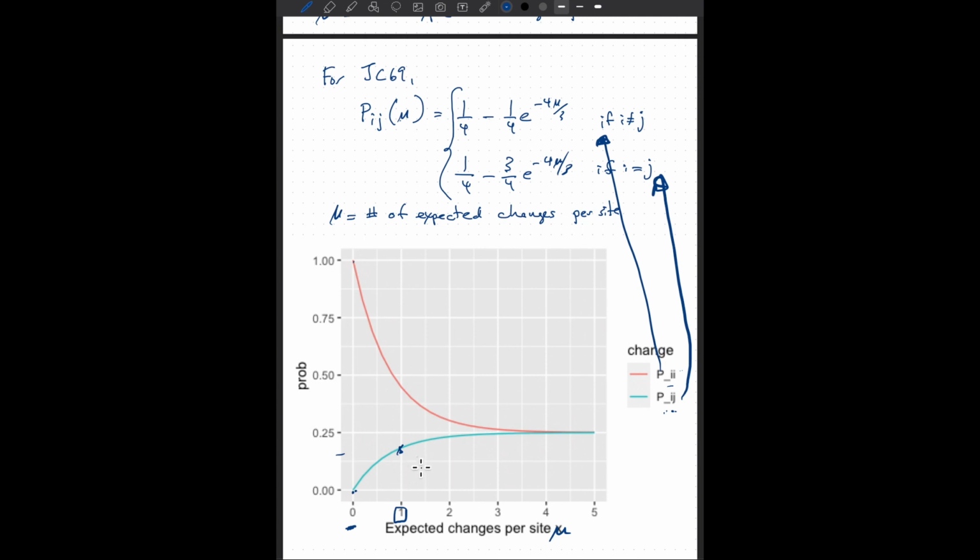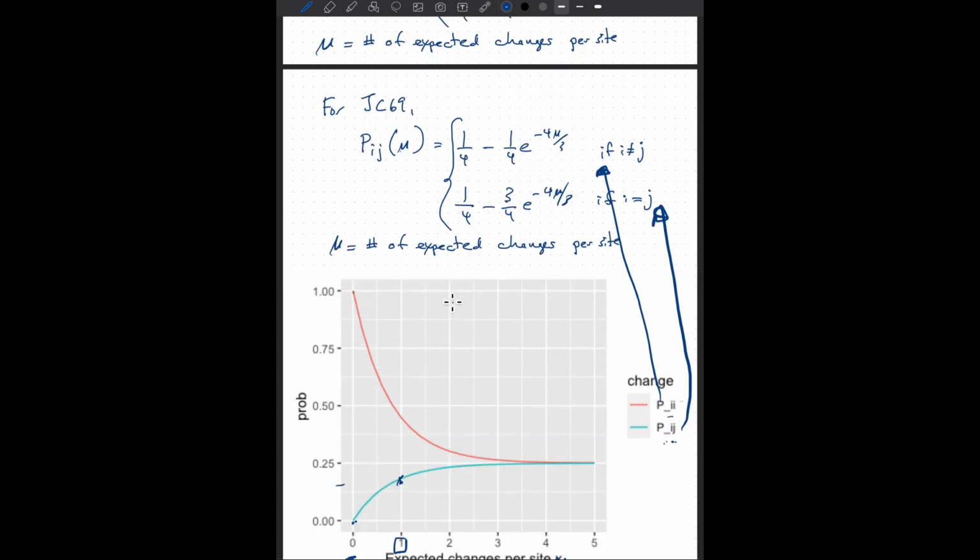Now, if you allow more and more changes per site, you're basically in any of the four states randomly. Remember that the probability in the Jukes-Cantor model of any nucleotide is 1/4, so it doesn't allow for nucleotides to have different probabilities.